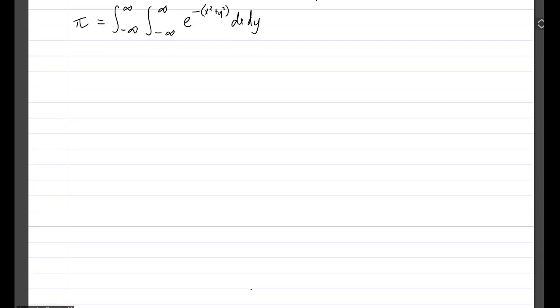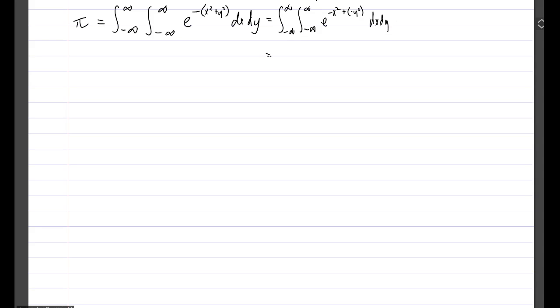So here's the thing. This is actually integral negative infinity to infinity, integral negative infinity to infinity, and go ahead and distribute that minus sign. And, well, don't we have e to the negative x squared minus y squared dx dy.